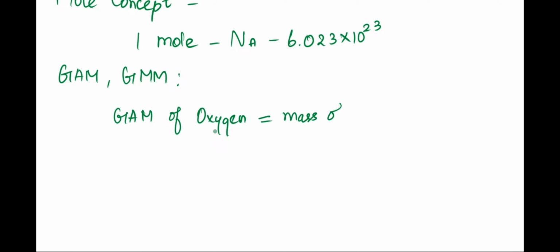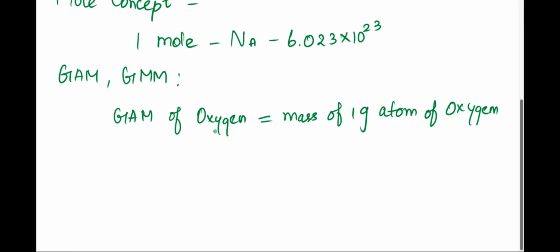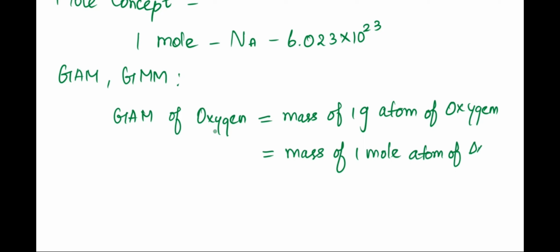Gram atomic mass of oxygen: mass of 1 gram atom of oxygen, that equals the GAM of oxygen, which is equal to the mass of 1 mole of atoms of oxygen, which is nothing but 16 by 1 mole, that is Na, Avogadro's constant.